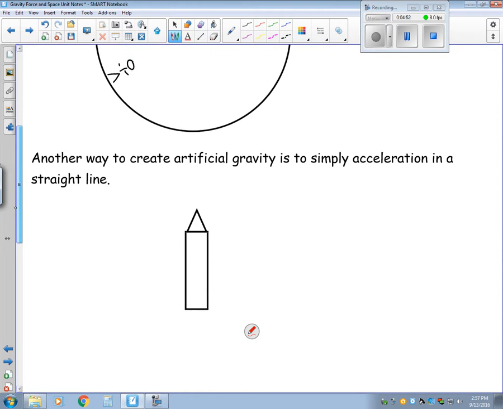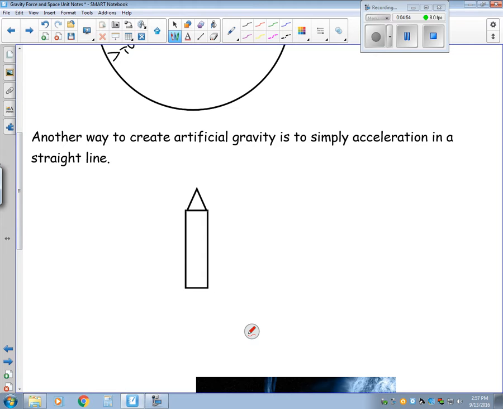Another way to create artificial gravity is to simply accelerate. If I have a rocket with a person standing in it, I would need to make the rocket accelerate, and I would need this acceleration to equal g.